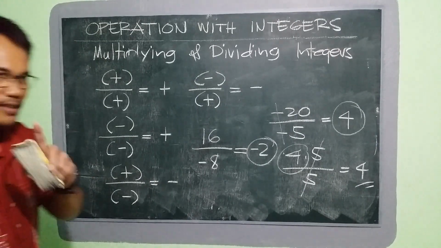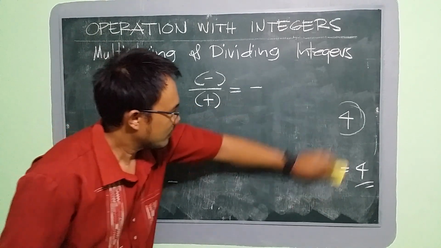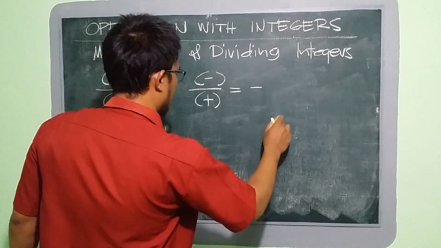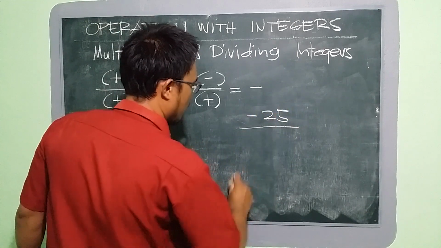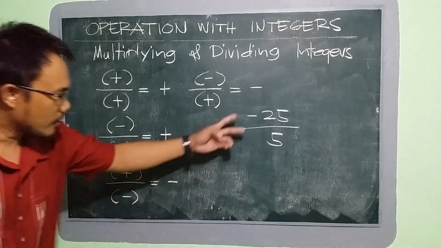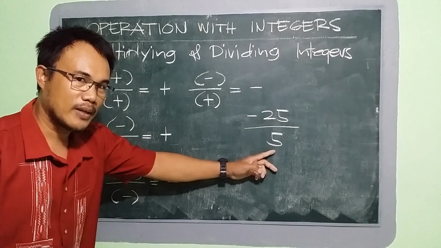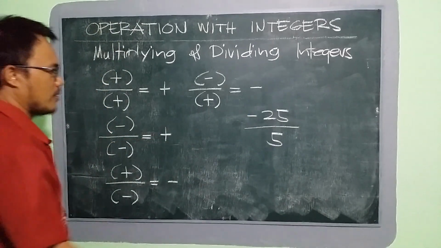Okay, last example. We have, say, negative 25 divided by positive 5. Since we have negative 25 divided by positive 5, different sign numbers, the result will be negative.